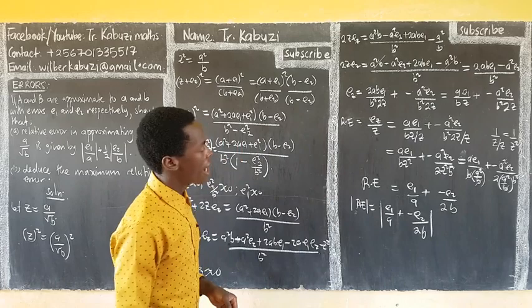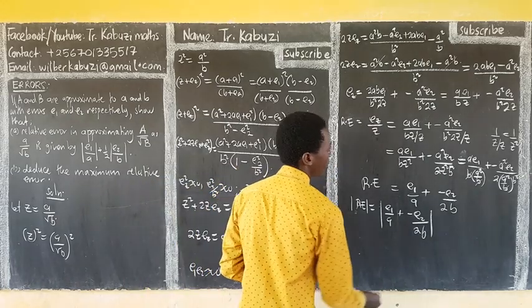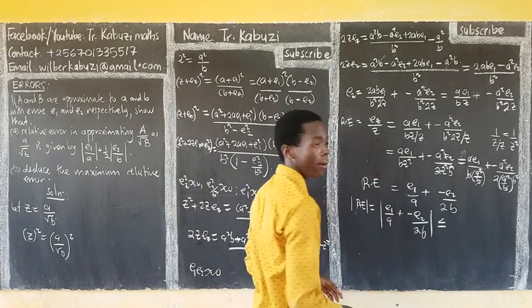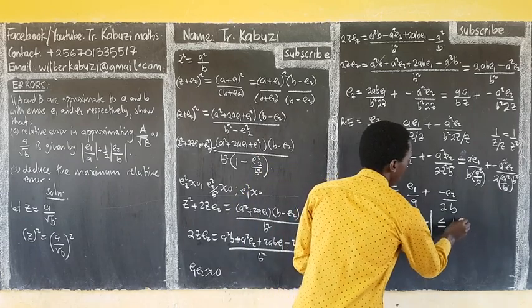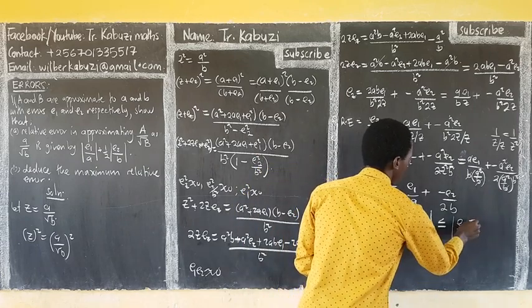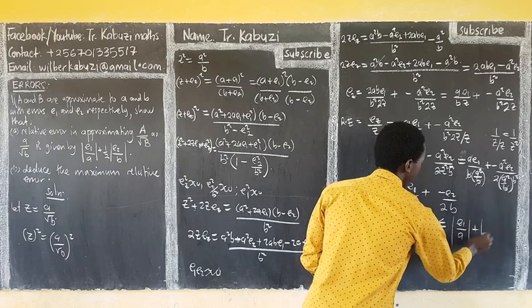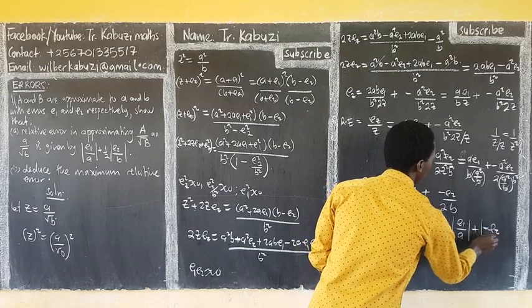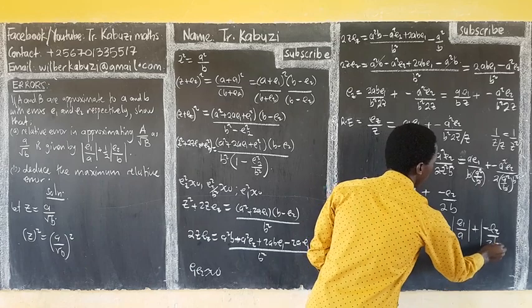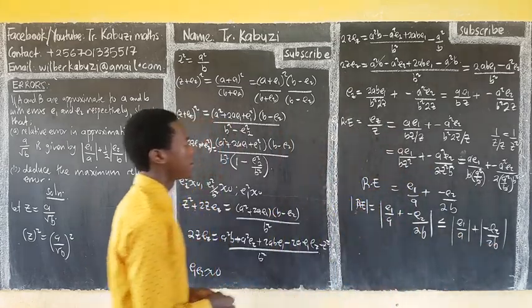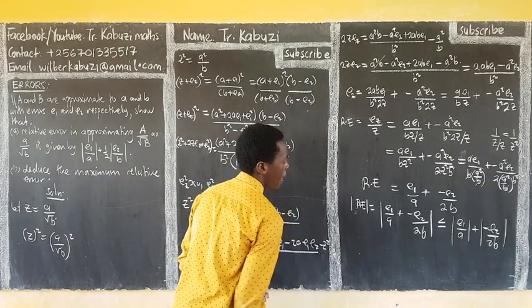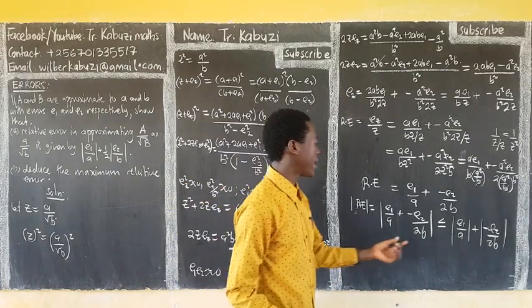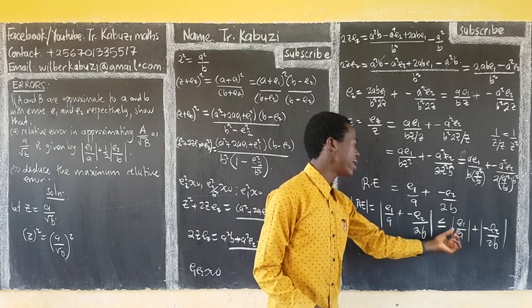Now, if we handle this, remember this will be the same as equaling all this 2 if we separate e1 over a, then plus negative e2 over 2b. So now my relative error, the maximum. If you want to go with the maximum, it means that we shall take when it's equal to this.